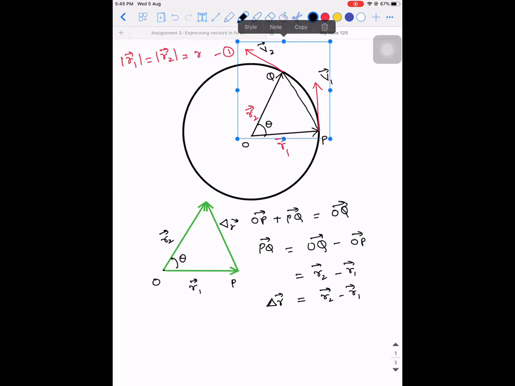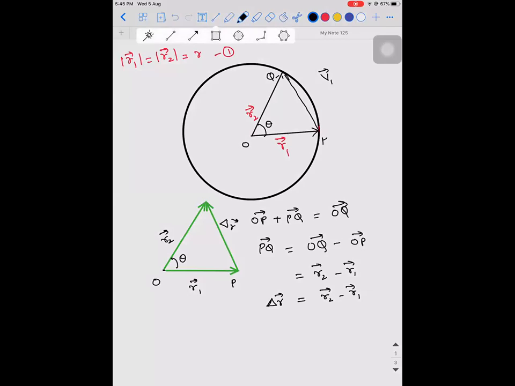Now this V1, observe what I'm going to do to V1. Wait. This V2 vector, this V1 vector. So this V1 vector, I'm bringing it down.